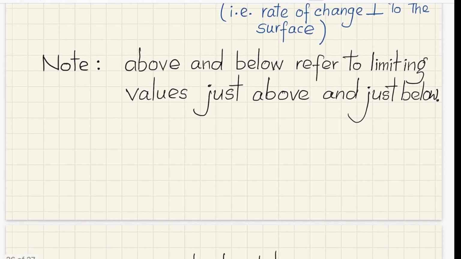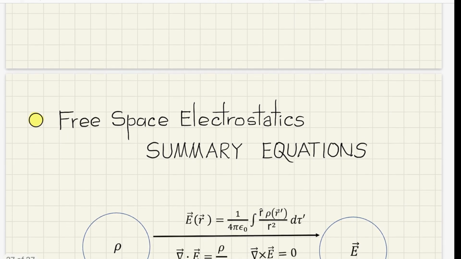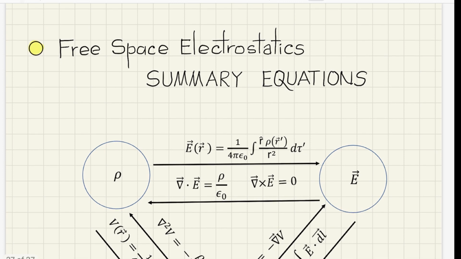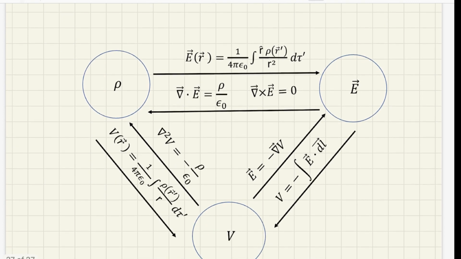So with that, let me come to almost the whole of free space electrostatics, which we can now summarize. In electrostatics, we are given rho. Given rho, I should be able to find E, or given E, I should be able to find rho. By rho, I mean all kinds of charges.